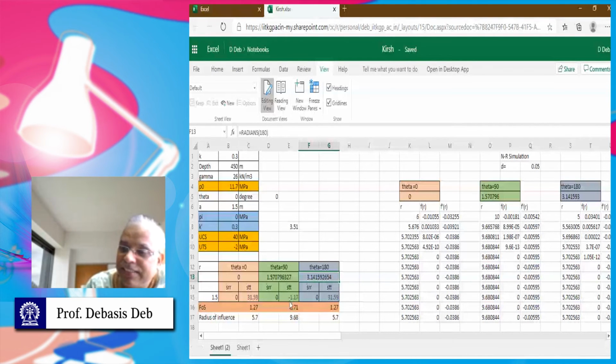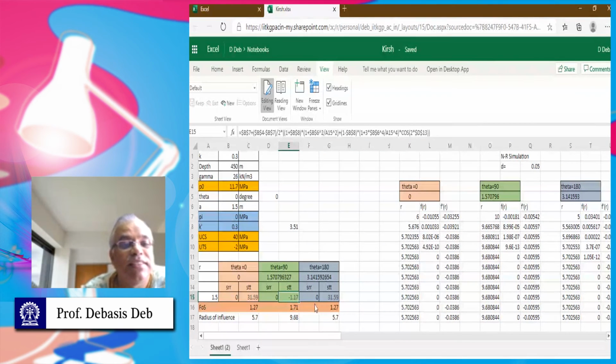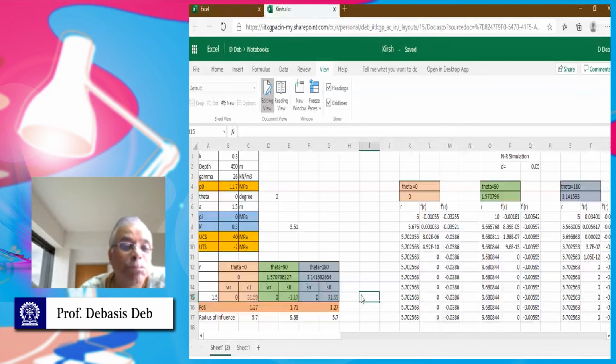At 90 degrees, this is minus 1.17. So can anyone tell me what it is? Minus 1.17. This is the same sigma theta theta equation I have used, the same one I told you in the class. So this minus 1.17 means what? Tensile stress.